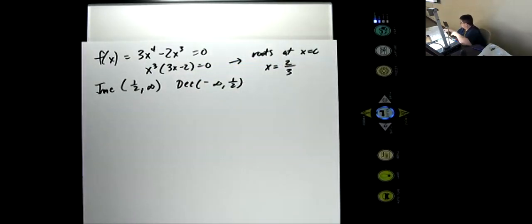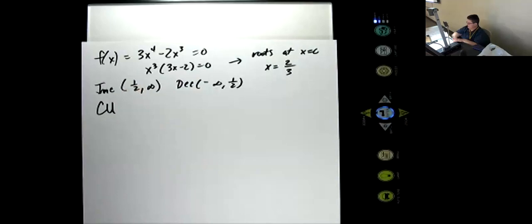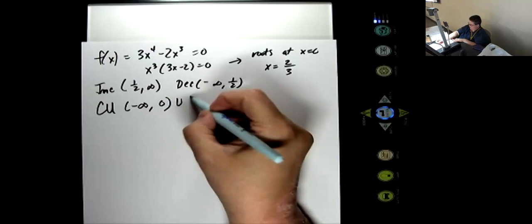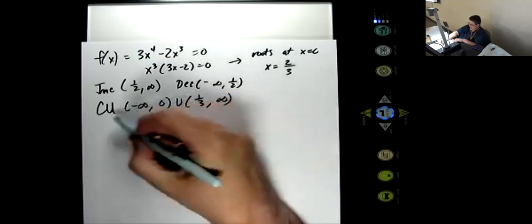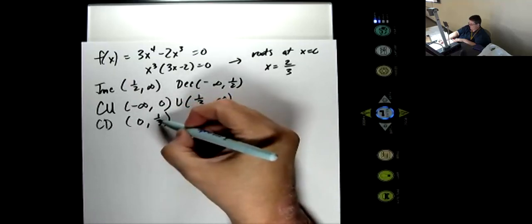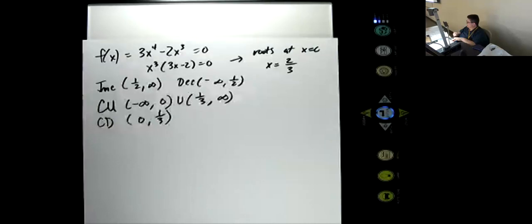What else did we have? We had concave up, I'll call it CU, from negative infinity to 0 in union with 1/3 to infinity. And concave down was between 0 and 1/3. Now, without doing a y-axis here, we can get a good idea of what the graph looks like.